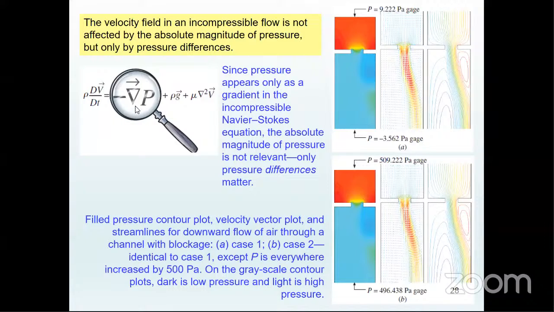Maybe for a particular location, I don't expect the pressure over the Bangalore environment to go much below 900. Pressure appears only as a gradient in the Navier-Stokes equation. The absolute magnitude of the pressure is not relevant. Only pressure differences matter. That's why you see the example here on the right. Pressure is 9.22 here, and at the bottom it is minus 3.562.